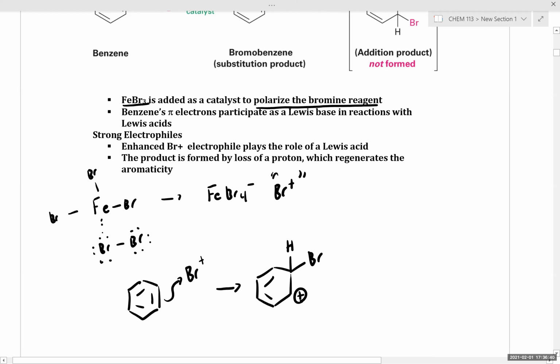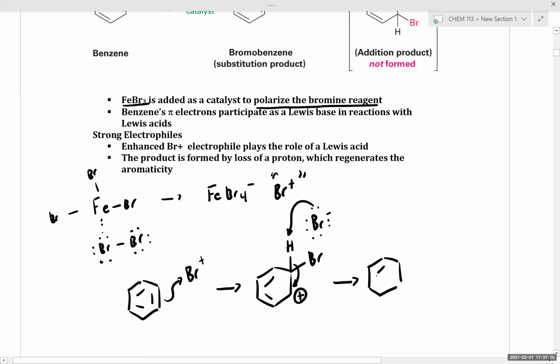Now, rather than an external nucleophile attacking our carbocation to give addition, what we see is that the basic components of our reaction mixture are sufficiently basic to remove this alpha proton, this proton adjacent to our carbocation, and promote elimination to regenerate our aromatic ring.